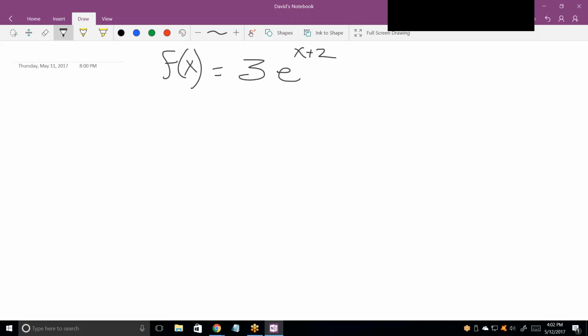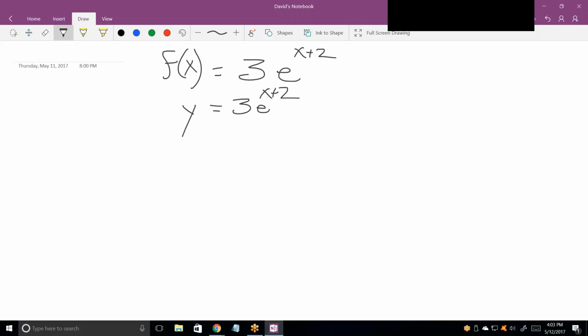Finding an inverse? You switch the variables. But what they really mean, the really first step is substituting y for f of x. And then you switch the variables and solve for y.